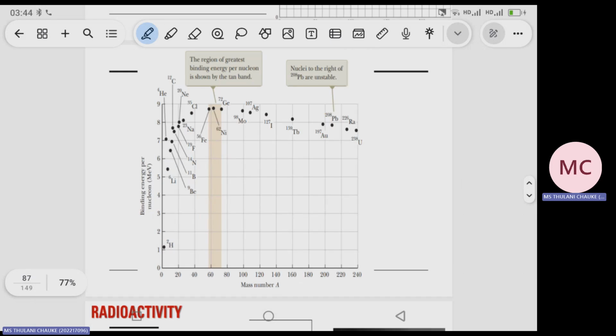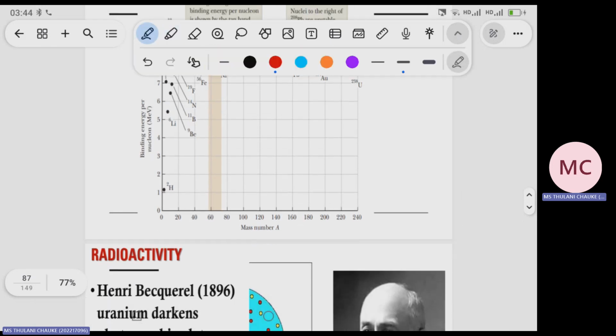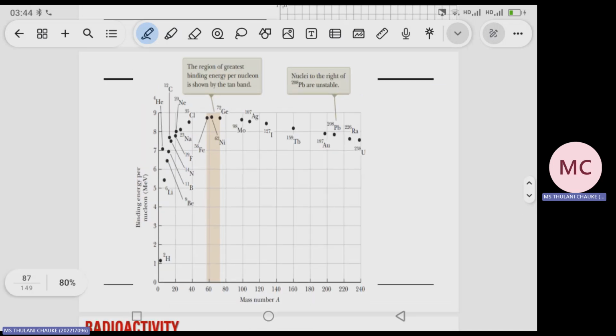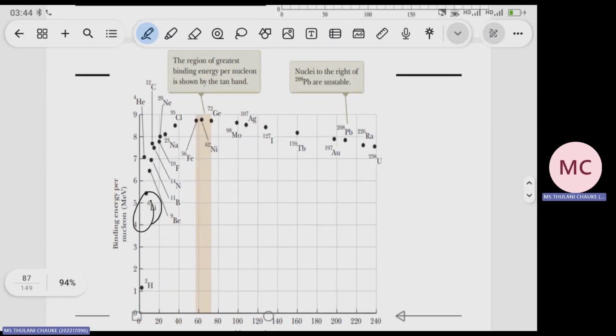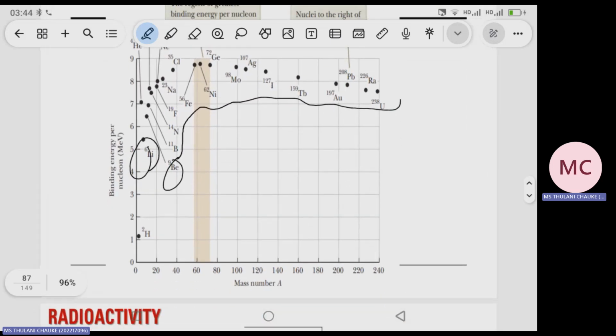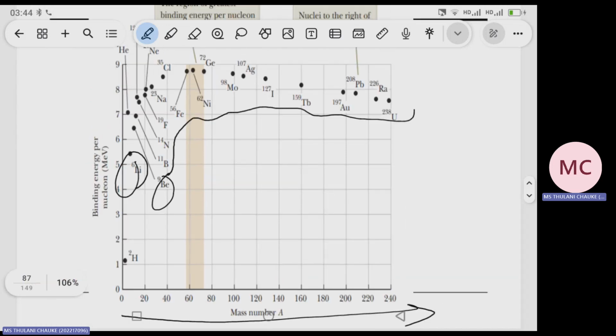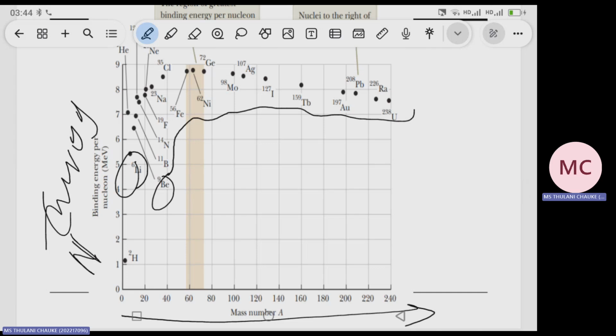This graph here just represents the energy of different elements. They just represent everything in terms of the graph. Lithium, Be, and so on. This part represents the mass number, and this part represents the energy. And don't forget energy is measured in MeV in atoms.